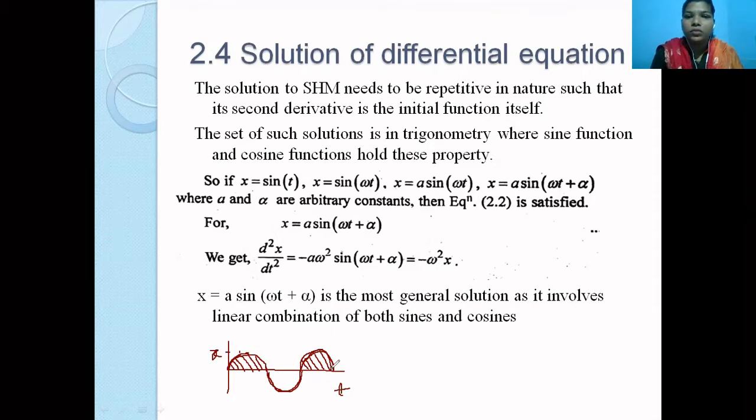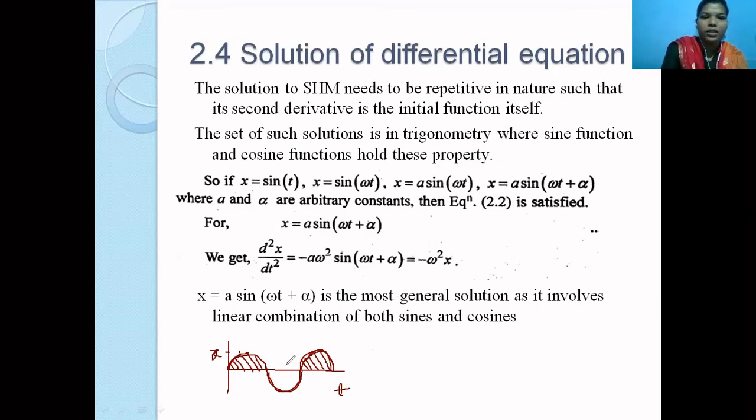Okay, so the set of such solutions is in trigonometry, where the sine function and cosine function hold this property. If you remember from the lectures of calculus, the first derivative of sine is cos, and the second derivative of sine is again sine. Its derivative is cos, and the derivative of cos is again sine, up to sign.